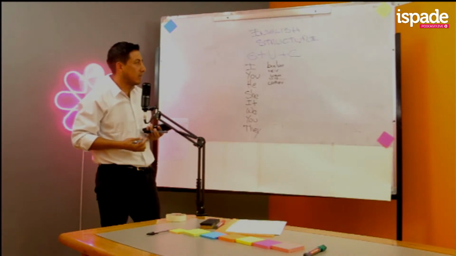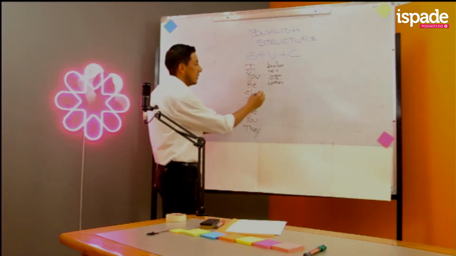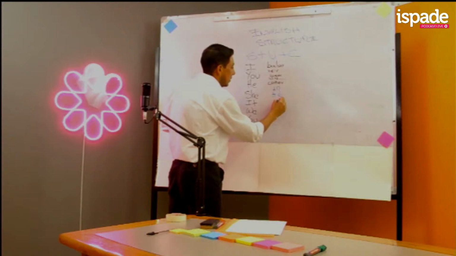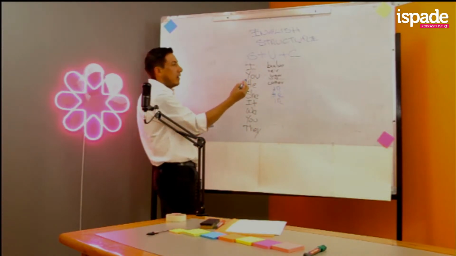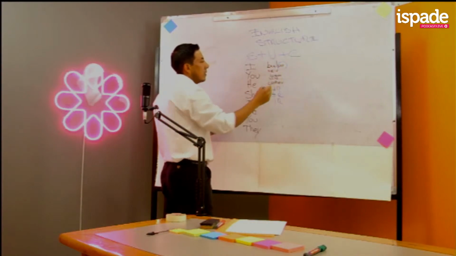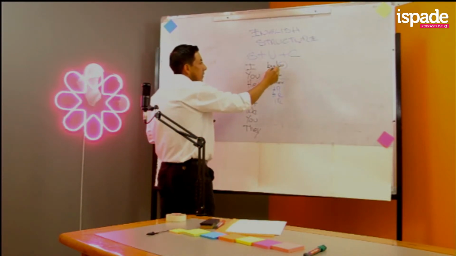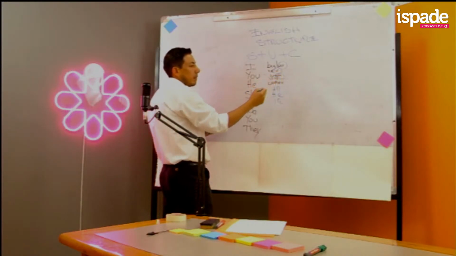It represents with the ending of ar, ir. Termination in r. Reír, termination in ir. Jugar, ar. And comer.